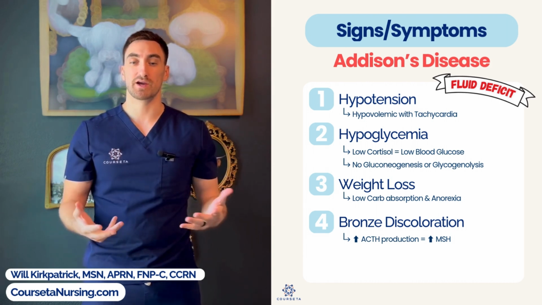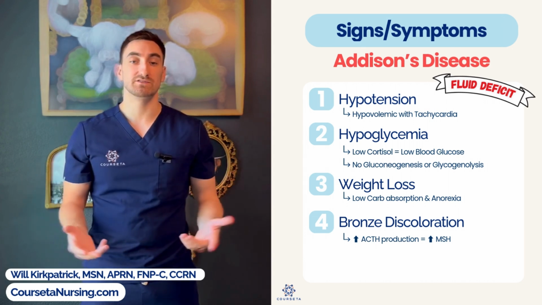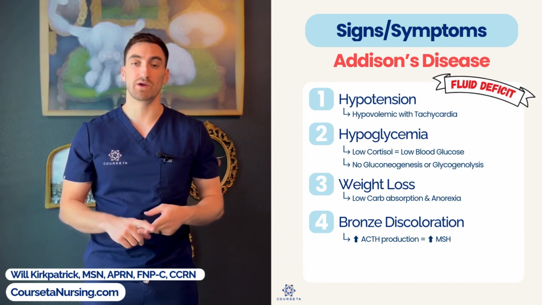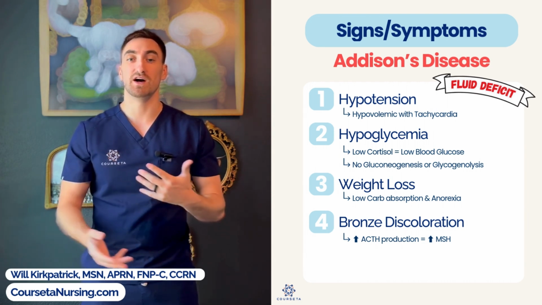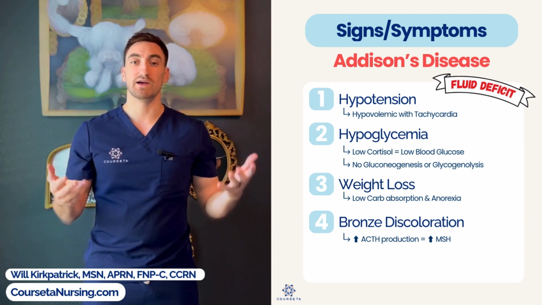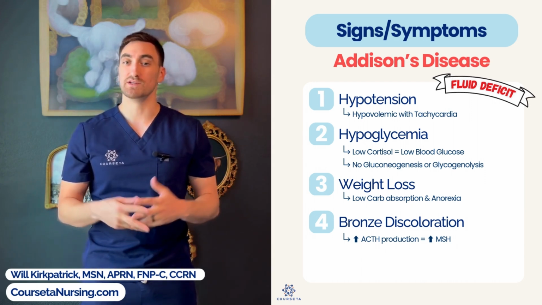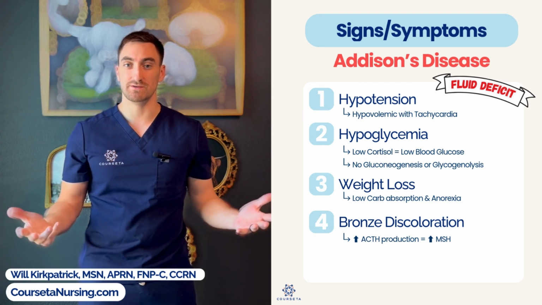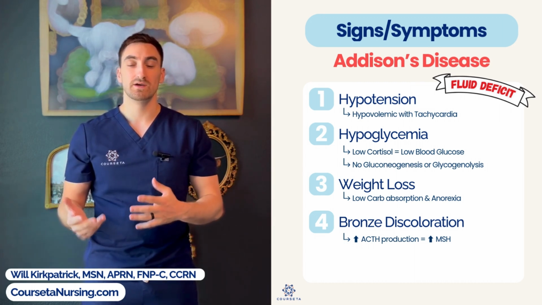Without aldosterone there, when there's a low level like there is with Addison's disease, then there's no communication to hold on to water and sodium when we are low in that vascular space in our body. So we're just going to continue dumping more fluid out, so we're going to be left with a fluid deficit. When we have low fluid in our vascular space, what does that cause? It causes hypotension. So that is why we have hypotension with Addison's disease.